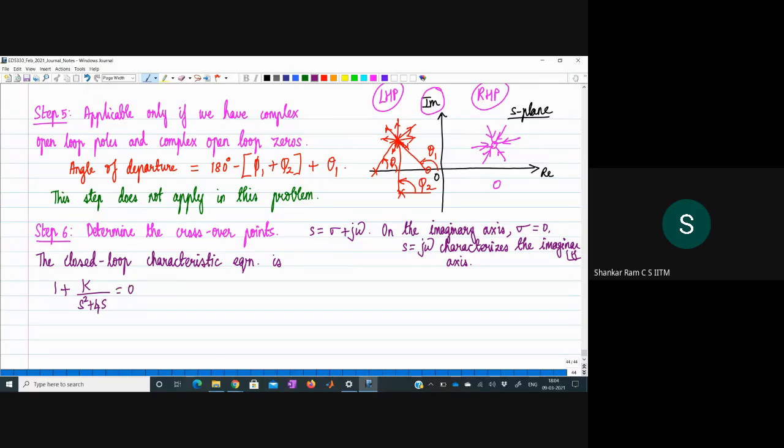Obviously we want to figure out where the closed loop poles will cross the imaginary axis. If you simplify this, the closed loop characteristic equation becomes s square plus 4s plus k equals 0.